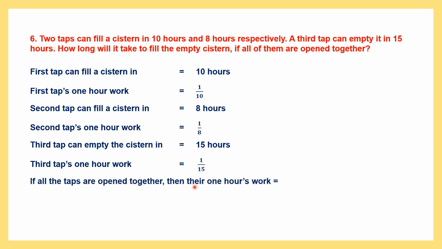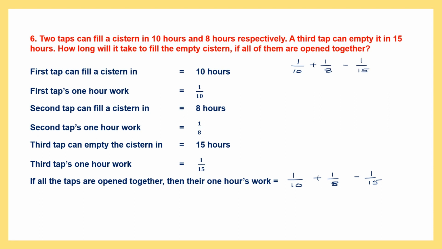So if all the taps are open together, then their 1 hour's work will be 1 by 10 plus 1 by 8 minus 1 by 15. So let's work this out here.